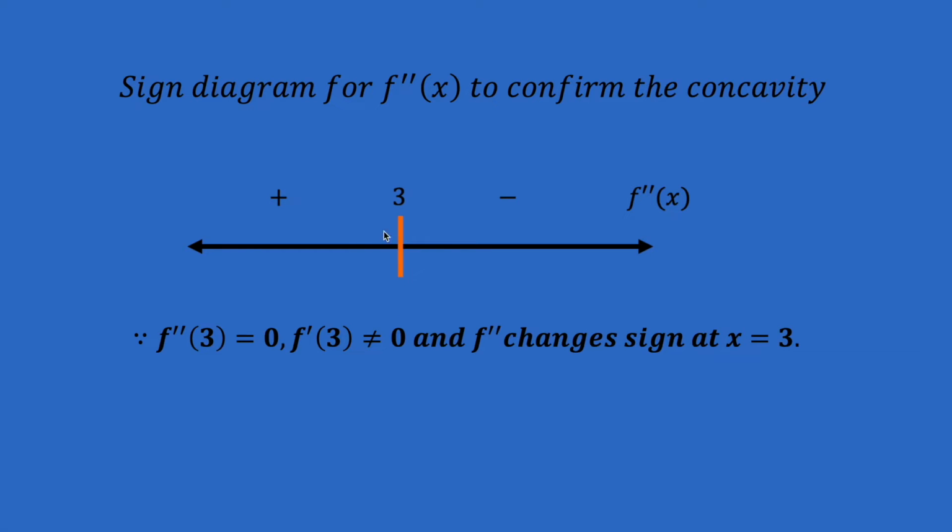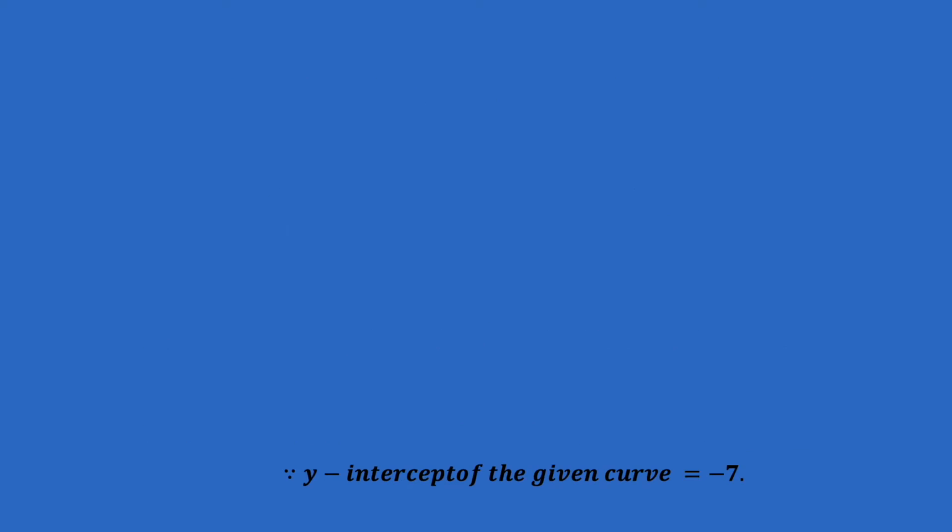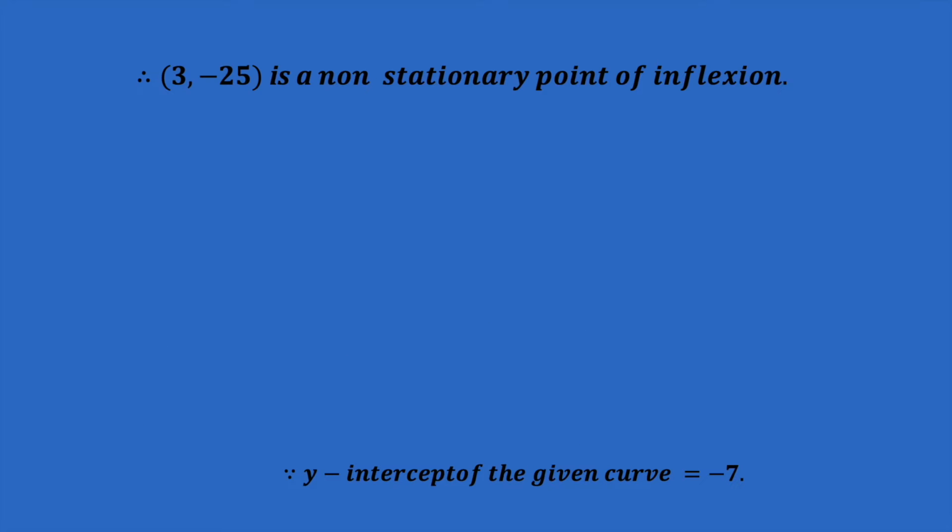Double derivative changes sign from positive to negative, and first derivative at this point is non-zero. When double derivative at a point is 0 and first derivative is non-zero and double derivative changes sign at that point, we call that a non-stationary point of inflection. So x is equal to 3 leads us to a non-stationary point, that is 3, negative 25, non-stationary point of inflection.